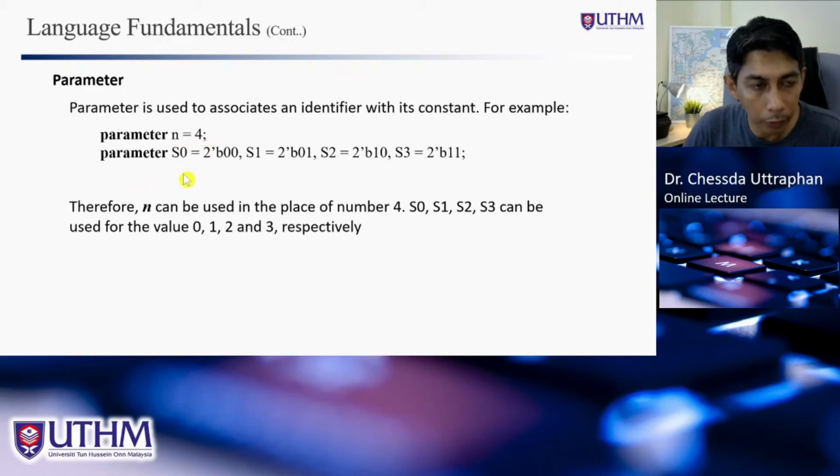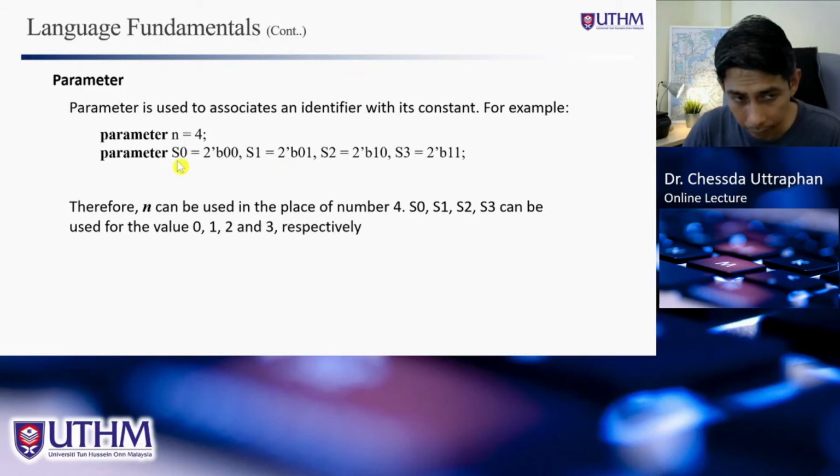Later on, when we want to use 4, we can just replace it with n. Or for example, S0 is equal to 0, 0 in binary. So later on, when we want to use this number, we can replace it by S0, or S1 if we set parameter S1 as 0, 1 in binary. So later on, when we want to use this number, we can use S1 instead, right? So that is the use of parameter.